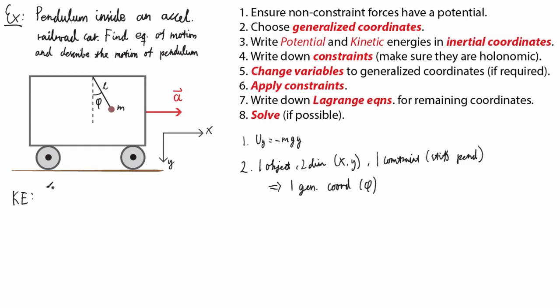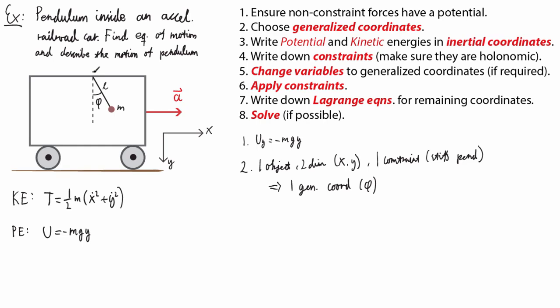So starting with the kinetic energy, I don't have to think. I just write down 1/2 m (x dot squared plus y dot squared). Same thing for the potential energy. We already have it there actually. That's minus mgy. Simple enough.